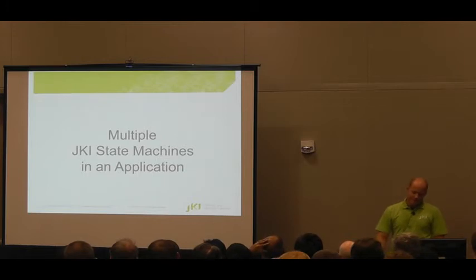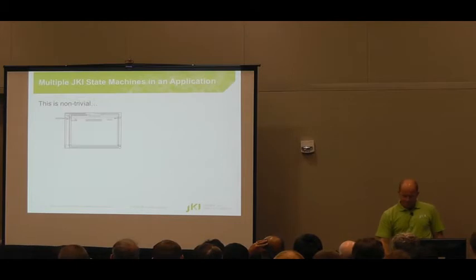Okay, so we've used the JKI state machine, and we have some VIs that we've created. And what naturally happens is you'll have different state machines in different parts of your code, and there are challenges that occur.